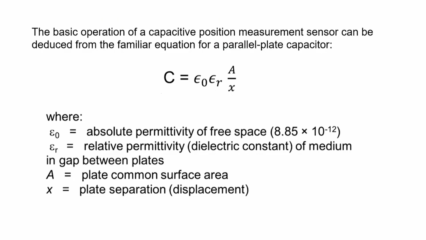So, the capacitance based position measurement is like this. This is the expression of a standard parallel plate capacitor, where A is the overlap area, x is the distance, and ε0 and εr are the absolute and the relative permittivity of the system.